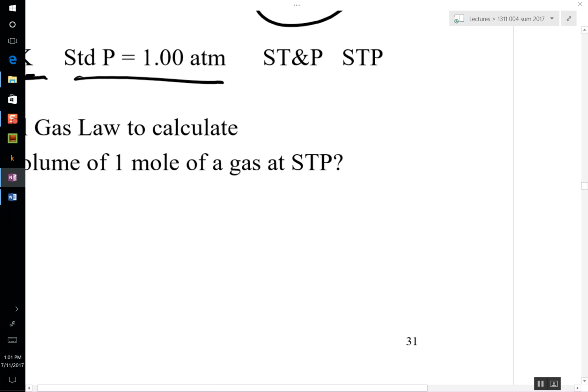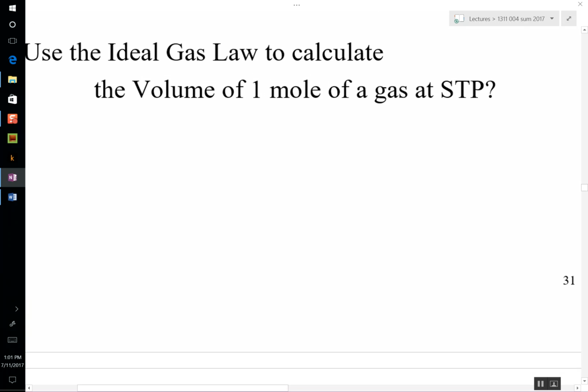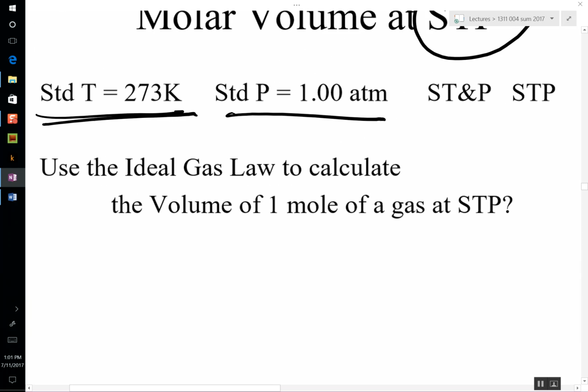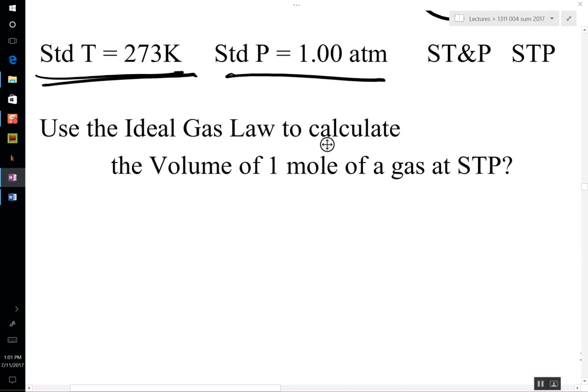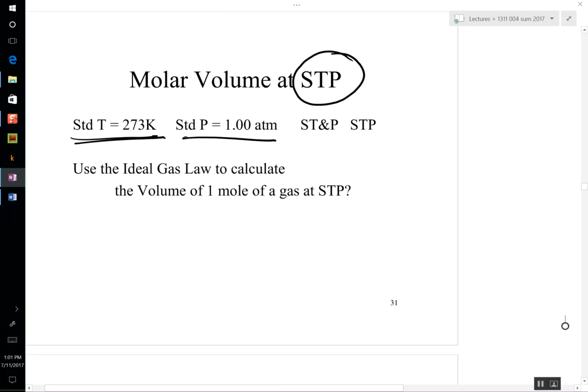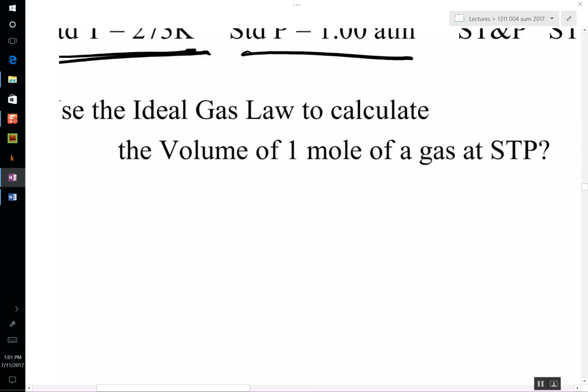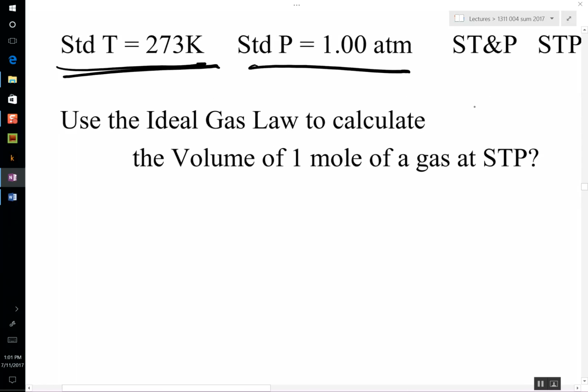Okay, now, all right, now you know what that is. Let's use that. And I really want to prove a point over here. So what I want you to do on this problem, I want you to use R to 4 significant figures, and that's going to be 0.082.